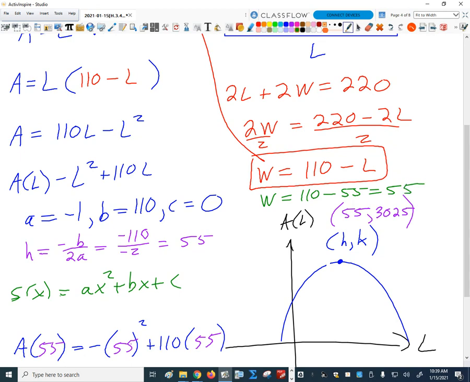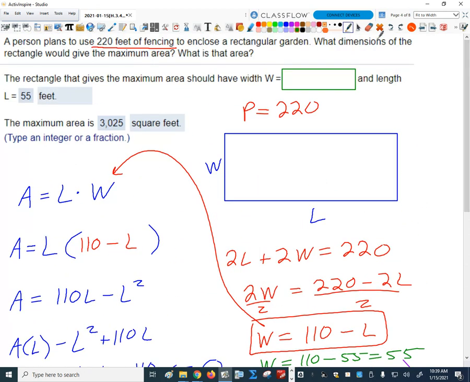Well, that's 55. What do you know? Is that a surprise? If we were trying to find the most efficient rectangle for enclosing area, we got a square. That kind of makes sense, doesn't it? I bet you guys could have made an educated guess about that from the beginning if you'd scratched your heads a little bit and thought about it.